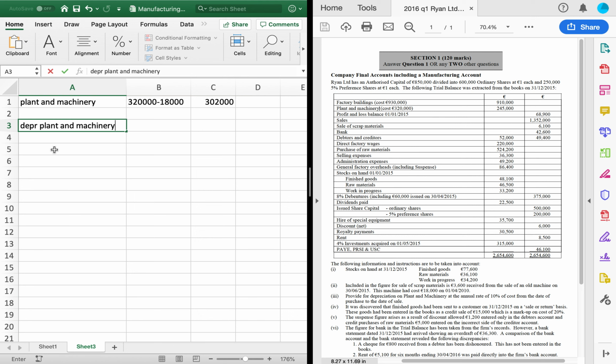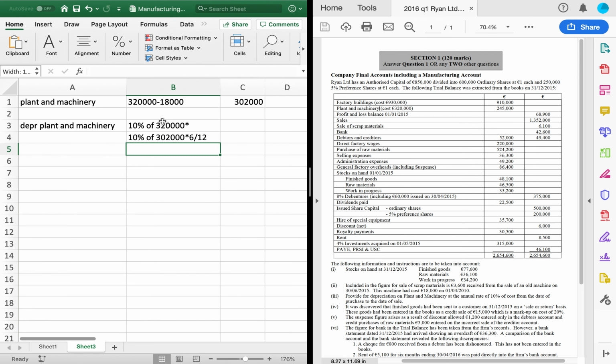So we'll start off, the rate of depreciation is 10%. So it's going to be 10% of 320 by a number of months, and then 10% of 302 by a number of months. The months involved are, it was sold on the 30th of the 6th, so 6 and 6. So both of them are by 6/12.